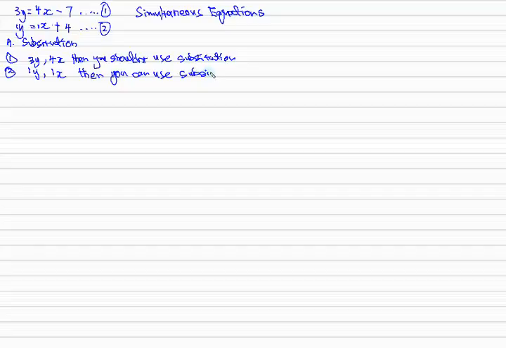So we're going to use the equation which has a coefficient of 1 for the y or the x term, which is equation 2. Here we can either make y the subject, because it has a coefficient of 1, or make x the subject, because it also has a coefficient of 1.